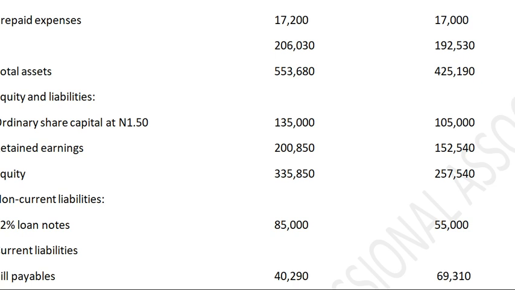The closing balance of 2019 will be the opening balance for 2020. We started the year with 105, but now we are closing with 135. That means there will be proceeds from issue of shares, and the difference of 105 to 135 will give us the proceeds from issue of shares.